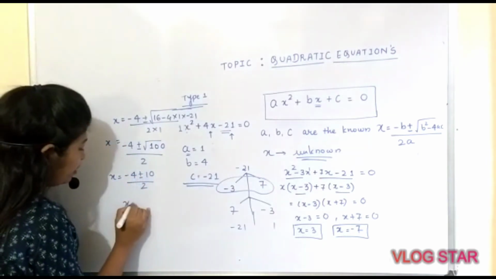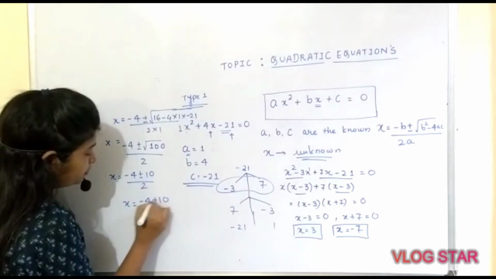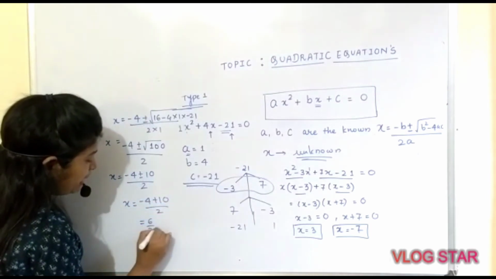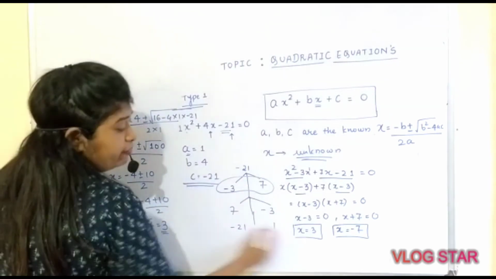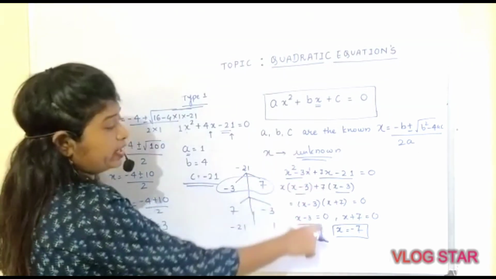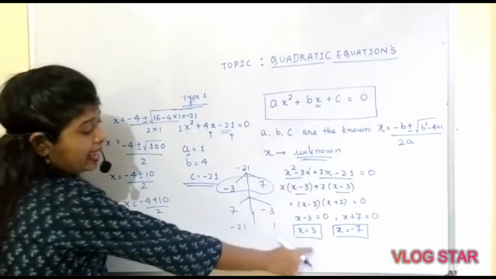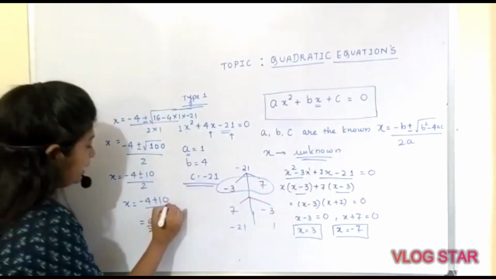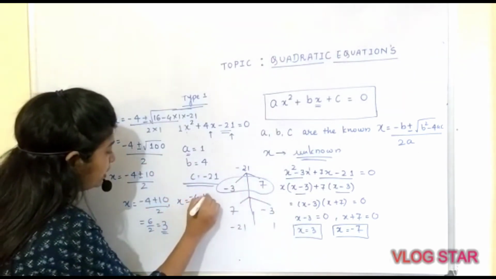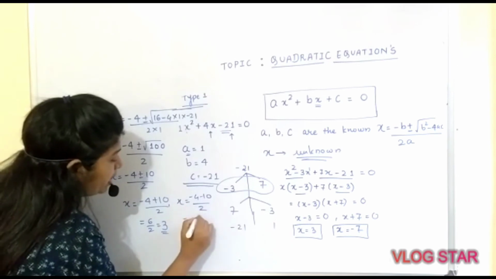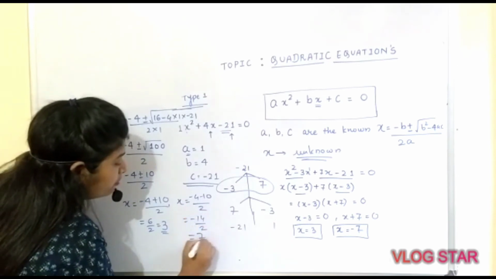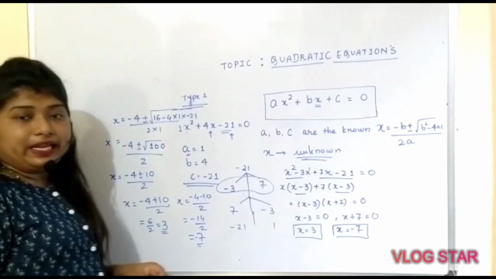So the first value of x you will get, which is nothing but 6 by 2, which is equal to 3. If you check the first value over here by factorization method, x is equal to 3. Similarly, you need to take the second value, minus 14 by 2, which is nothing but equal to minus 7.